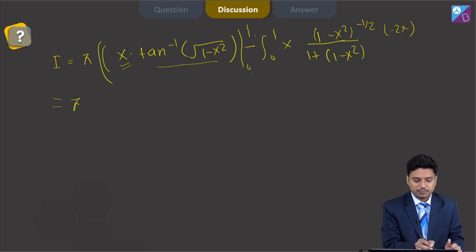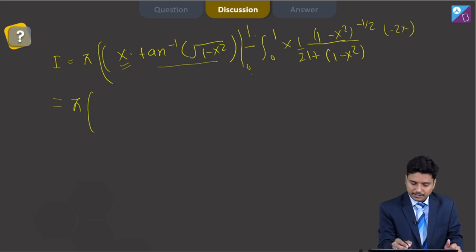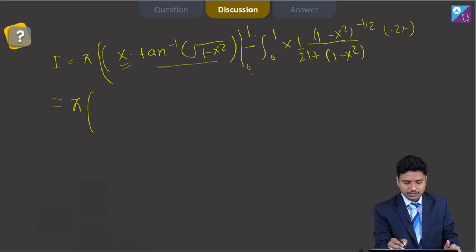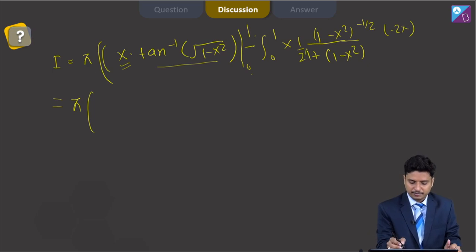So the first term will obviously be equal to 0, and for the second term it will be equal to minus half into half will also be there because of under root 1 minus x square's differentiation, half into 1 minus x square raised to power minus half will be there. So this is the term that we are getting.